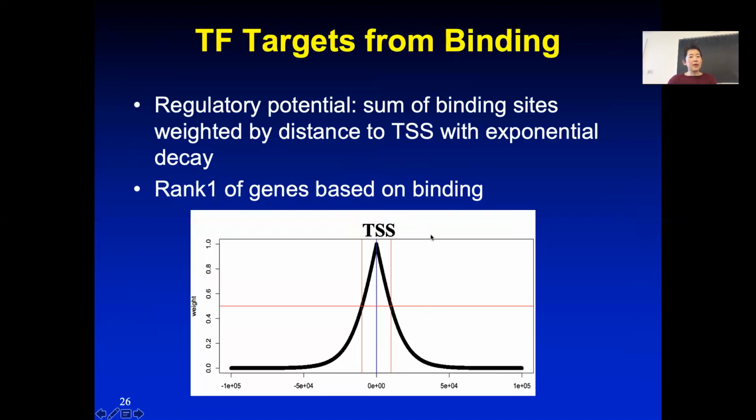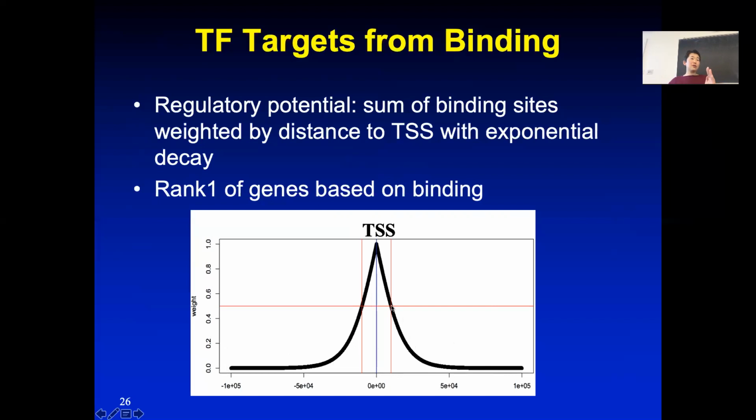And so what we use is like this. We look at everything within 100 kb, but we use a decay distance. For example, if we use a decay distance of 10 kb, it would mean that if you have binding right at the transcription start site, that's counted as one binding. But if you have a binding that's 10 kb away, that's only counted as half a binding.